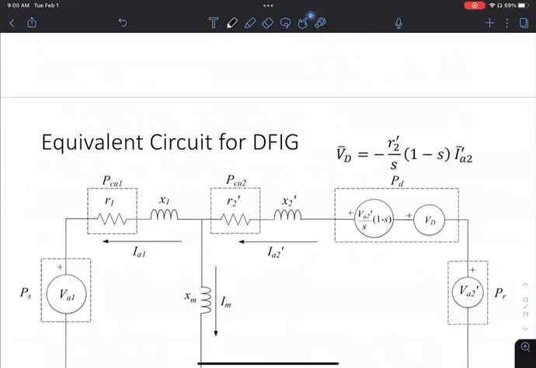Even if the rotor and the stator are exactly synchronized, I can still inject a voltage on the rotor side, even if there's no developed power. So that's why it's good to write out PR this way. Think of this as coming purely from the path from the grid to the rotor, not due to the fact that I need a slip. This is because I have to have a slip for this thing to develop some voltage.